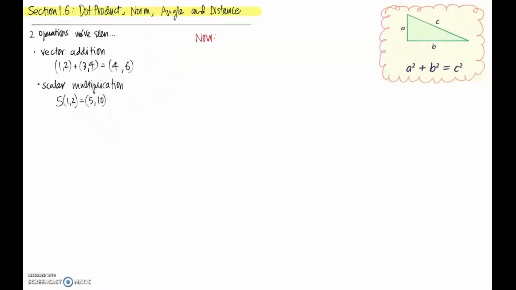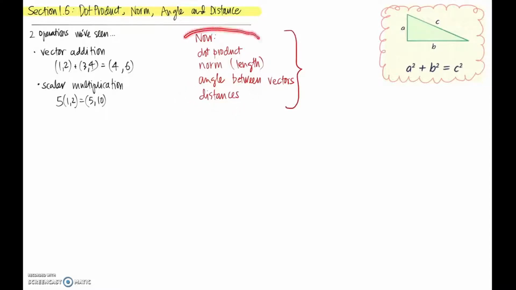And now we're going to introduce a few more operations. You can take the dot product of two vectors. You can find the norm of a vector, and another word for this is the length of a vector. We're going to look at finding the angle between two vectors, and even the distance between vectors.